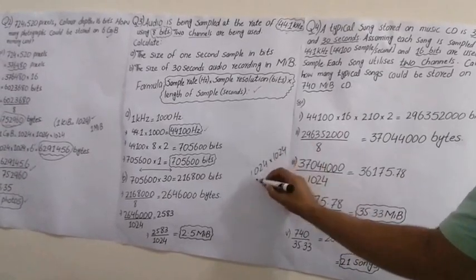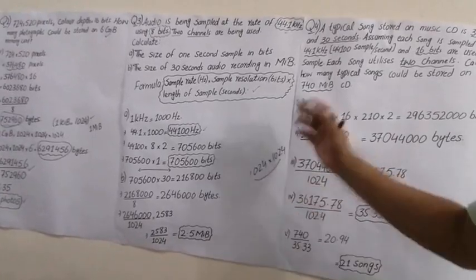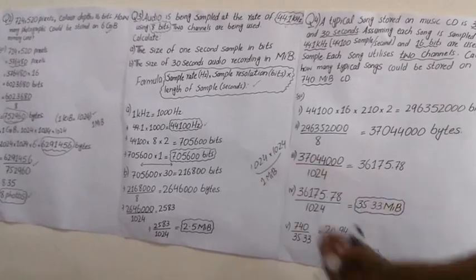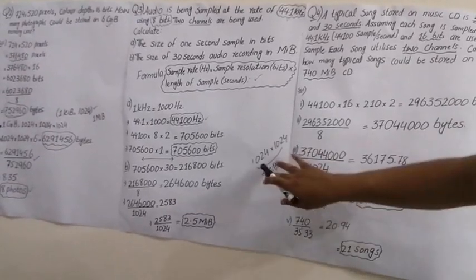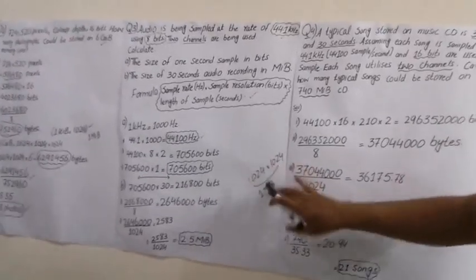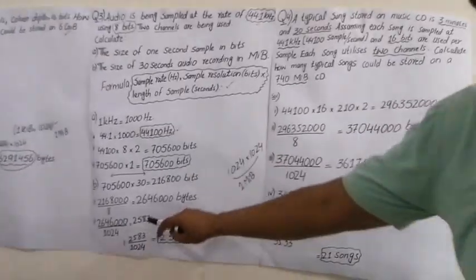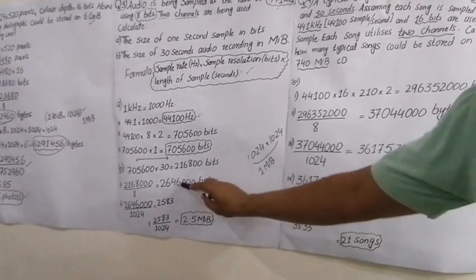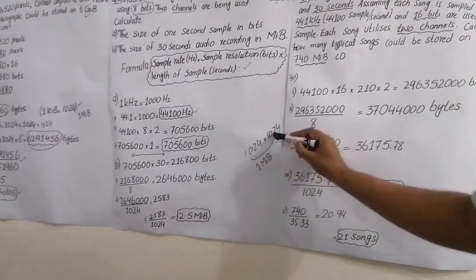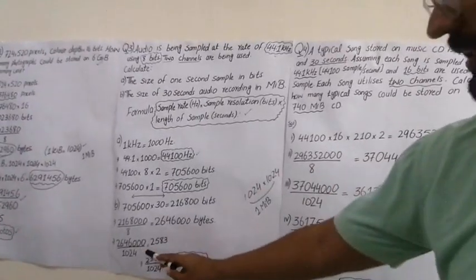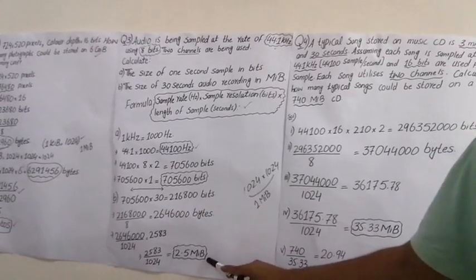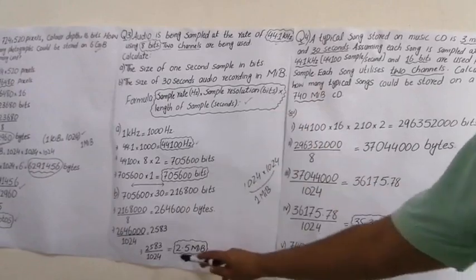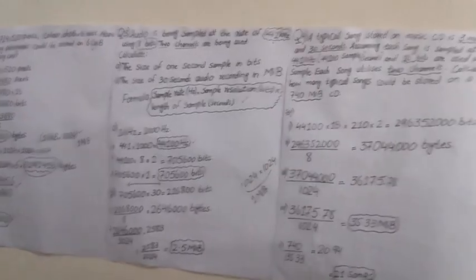The value which you will get will be the value of 1 MB, right? So you can find out the value of 1 MB by doing this and directly divide by this value here, or you can easily divide this value of bytes by 1024 two times, and by doing this you will get your answer in MB. So the answer of part B is 2.5 MB.